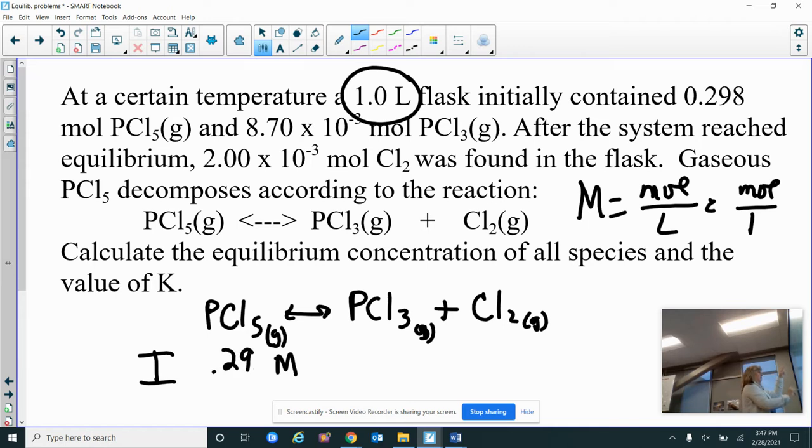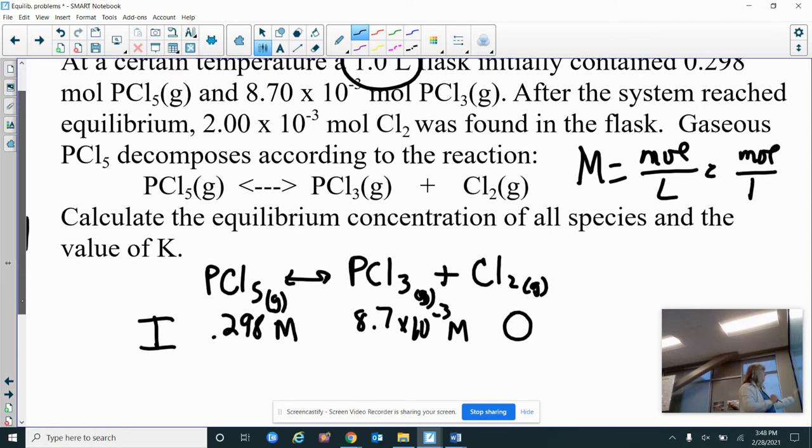So 0.298 molar, since it's 1 liter. And we have 8.7 times 10 to the minus third molar PCl3. And then it says after the system reached equilibrium, then that's how much Cl2. So we have no Cl2 given to begin with, so we must not have any originally.